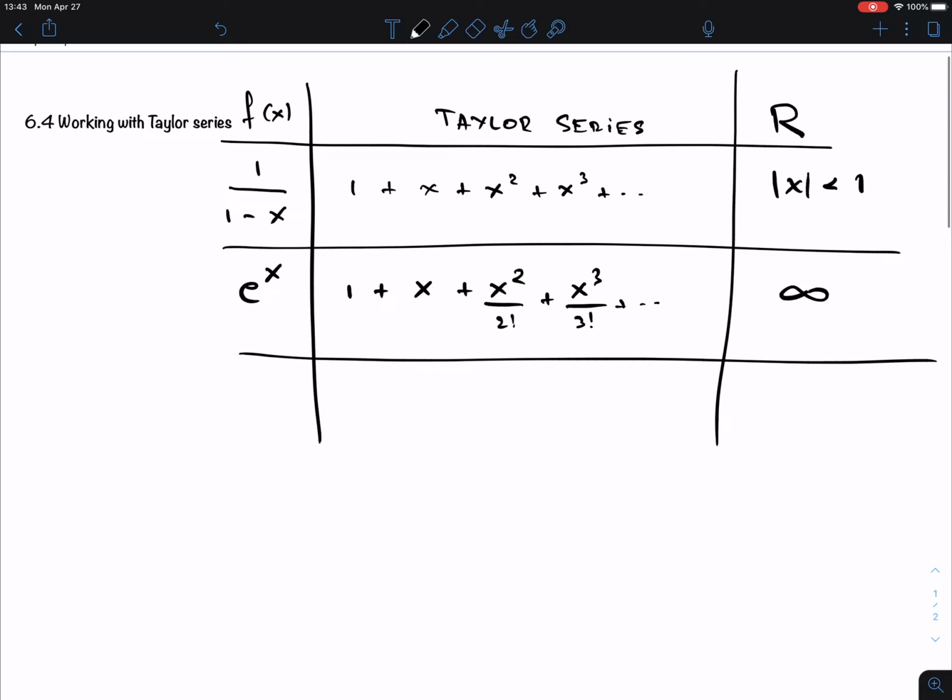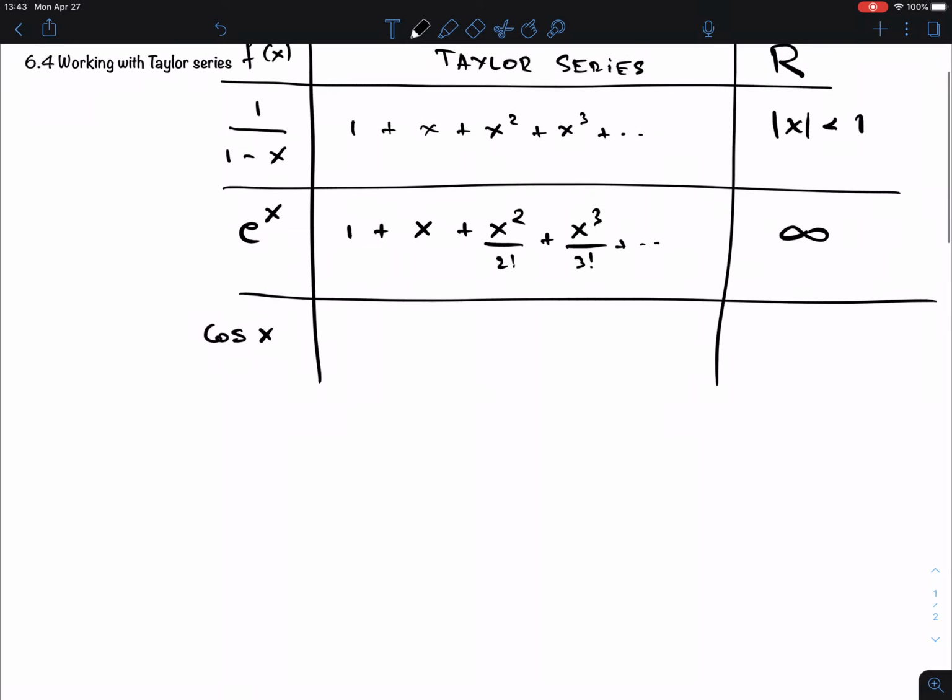We have the sine and the cosine. Let's start with the cosine of x. The only thing you have to remember, it's very similar to the e to the x, except, first of all, that in the cosine you only have even terms. So you get 1 minus x squared over 2 factorial, which is of course just 2, plus x to the 4th over 4 factorial, minus x to the 6th over 6 factorial, and so on. Again, the radius of convergence is infinity.